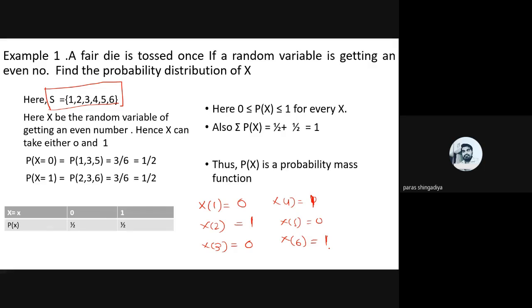Now its probability will be 3 by 6, because 6 is the total number of outcomes of the sample space. तो उसकी probability कितनी होगी कि जिसमें odd number exist हो रहा है. ठीक है, so there are 3 possibilities. So its probability will be 3 by 6, and 3 by 6 is 1 by 2.